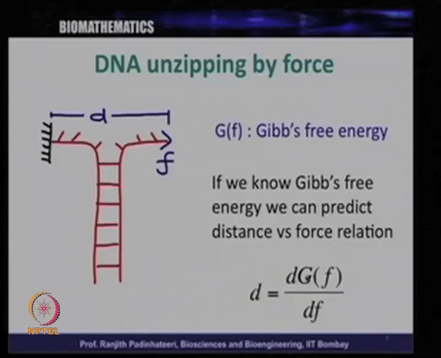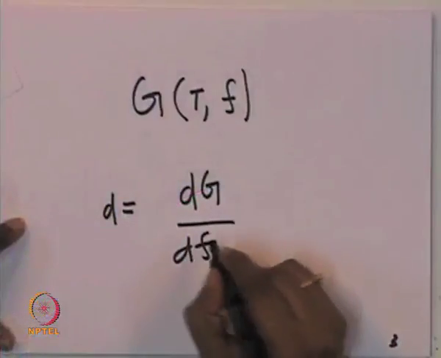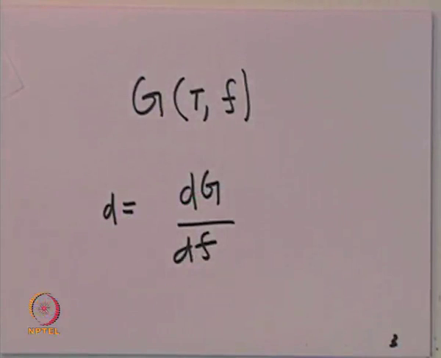So, what I wanted to say here is that the free energy, the force and the distance are related through a derivative. What is written here is that if you know the G, the distance d is given by dG by dF, given that the temperature is a constant.